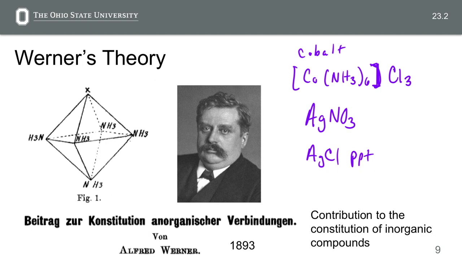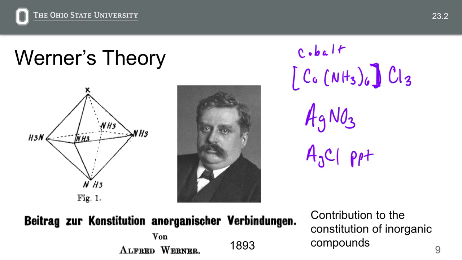And so what he was able to do is dissolve these cobalt salts, add some silver nitrate, precipitate out silver chloride, and then quantify the amount of silver chloride, which then corresponds to the amount of chloride ion that was in solution, which then corresponds to a formula for the cobalt compound. Okay?